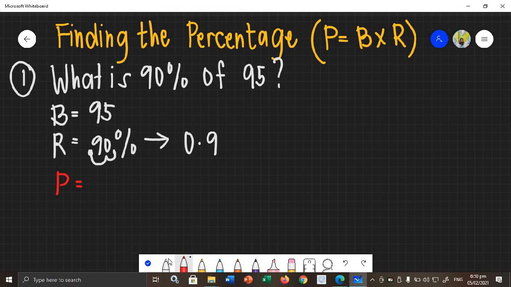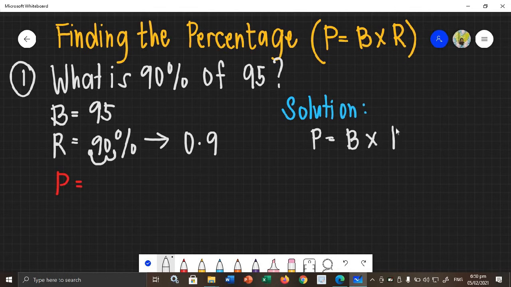Okay? So using the formula, this will be our solution. So we have P is equal to B times R. Diba? So, P is equal to, yung base natin is 95 times our rate in decimal form is 0.9.